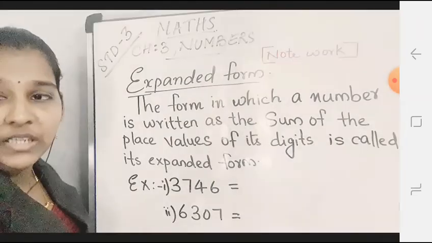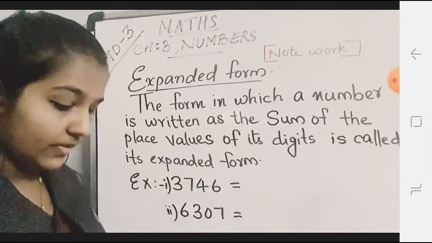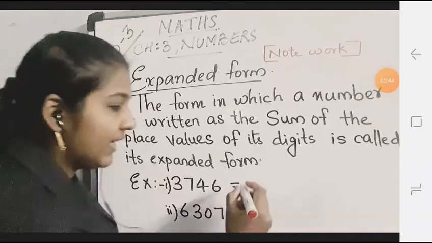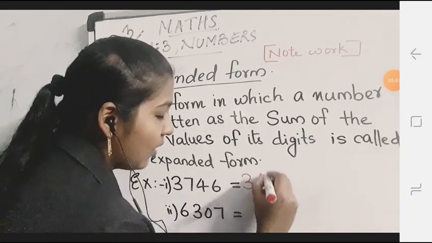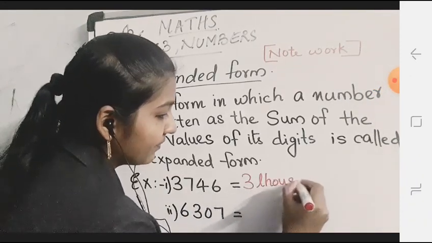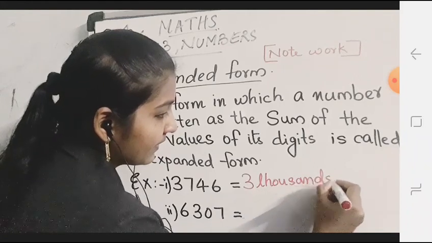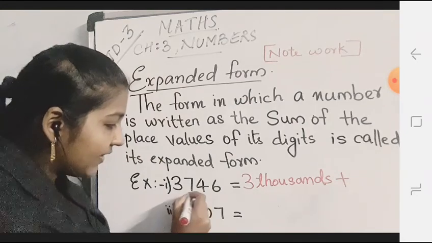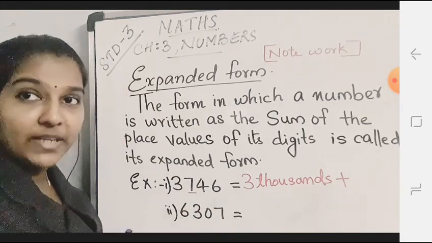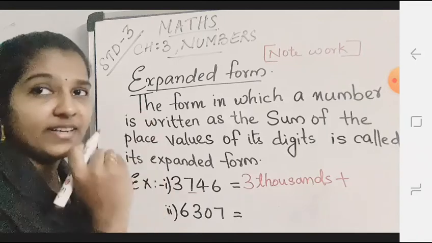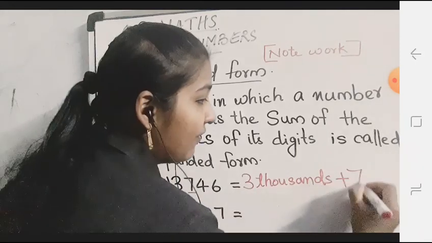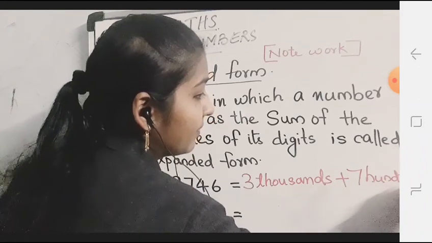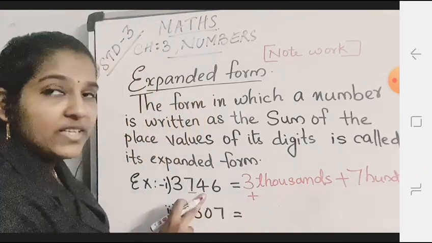So children, here 3 is in thousands place. So we can write 3,000s plus, then 7 is in hundreds place. So the place value is 700s. So we can write 700s plus, then 4 is in tens place.